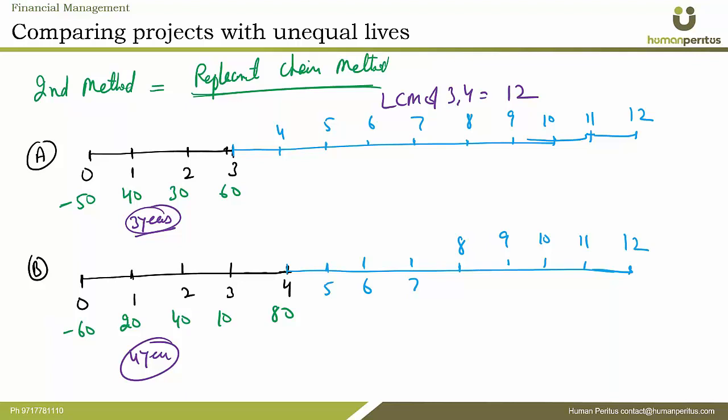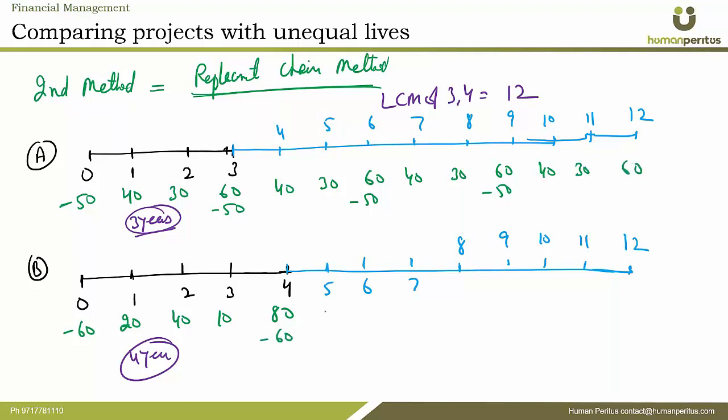So minus 50, 40, 30, 60. I write minus 50 over here, 40, 30, 60. Again write this way, minus 50, 40, 30, 60, and keep repeating it.